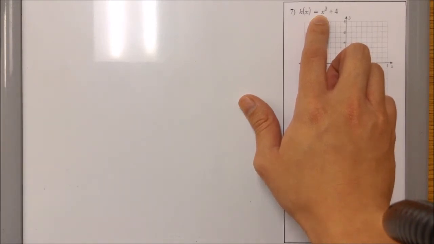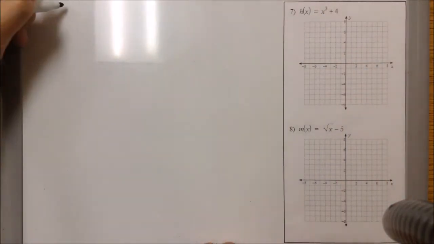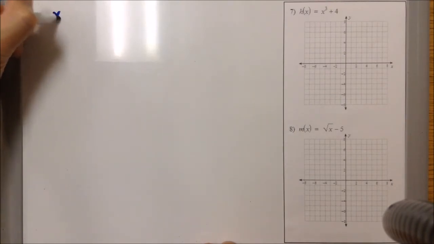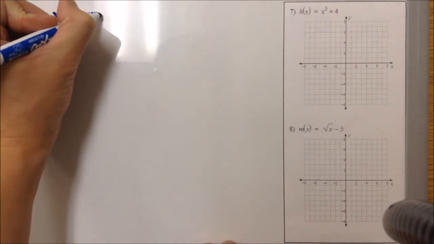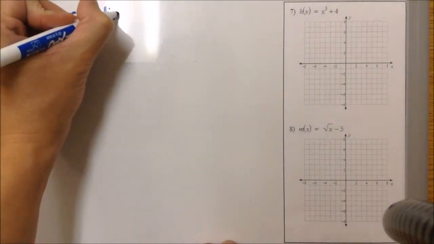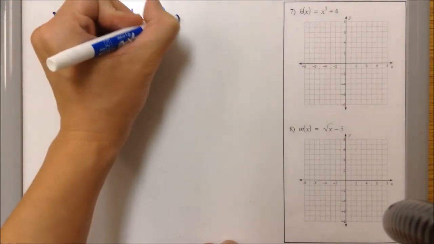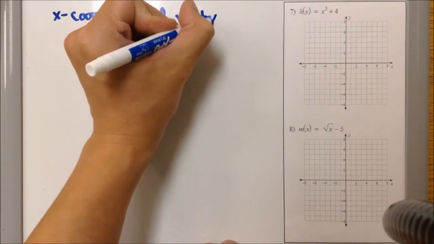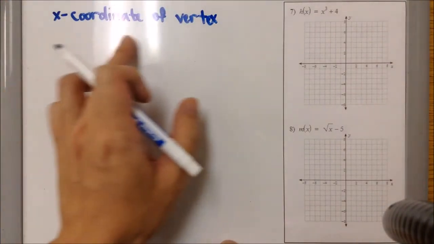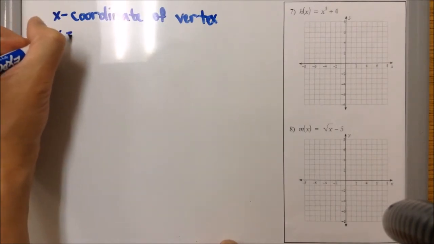So, since there are no numbers within the function, you can safely say that the x coordinate of the vertex, I'm going to write right here, is x equals 0.